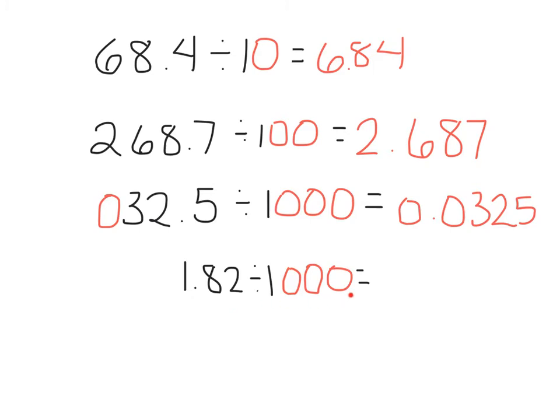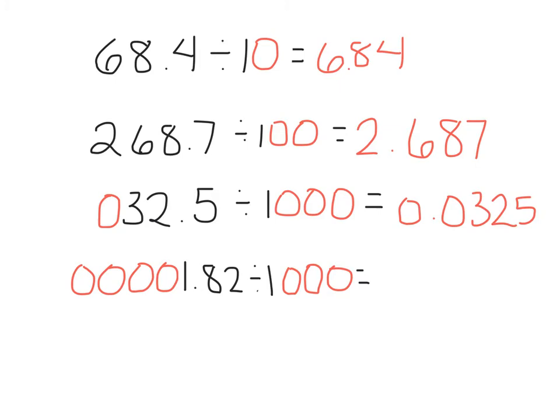For our last one we have 1.82 divided by 1,000. Here again we have 3 zeros, 1, 2, 3, so we need to move 3 places to the left. 1, 2, 3. So I need to put some zeros out here. Now let's try it again, moving the decimal. 1, 2, 3. That's going to go right here.